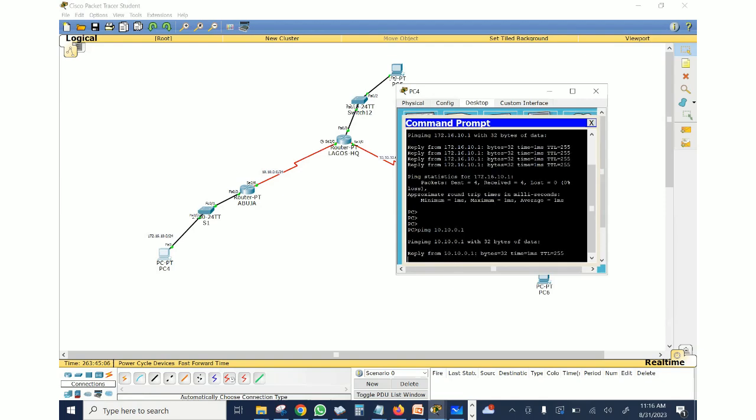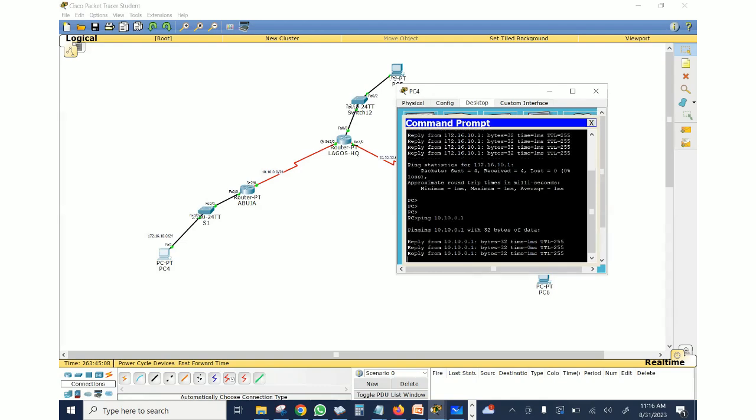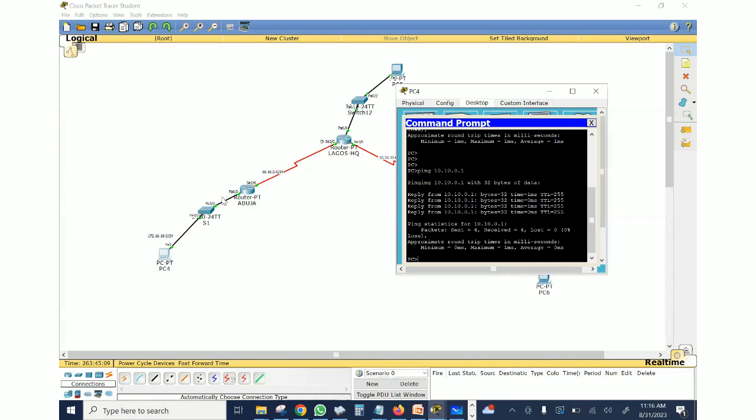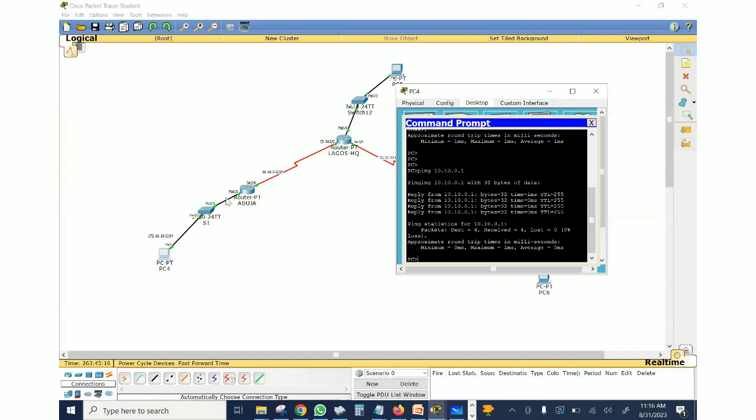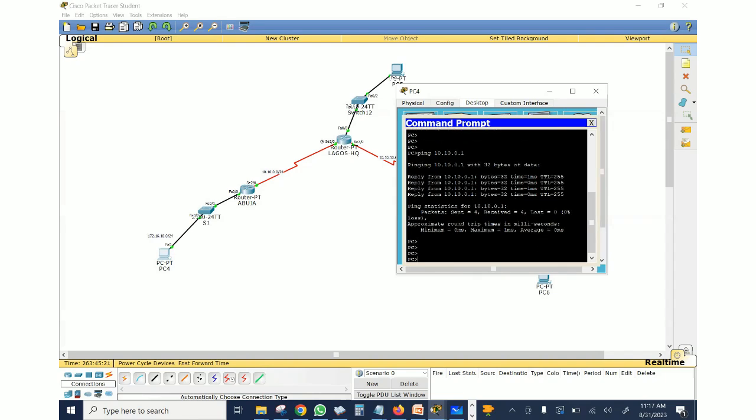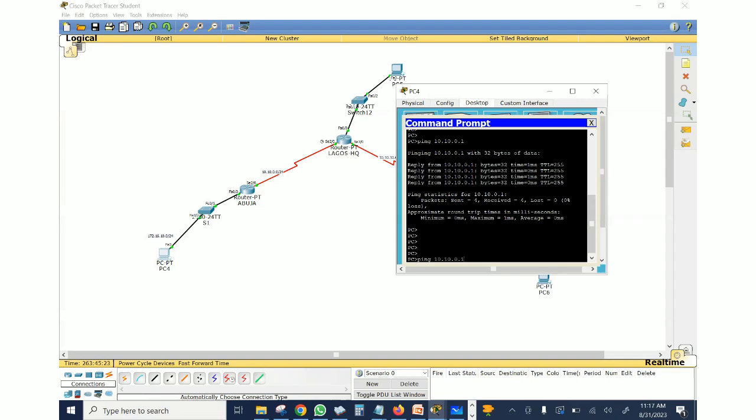It's reachable because the router naturally forwards traffic to a connected network. This is a connected network, and this is another connected network. Let's see if it can reach the interface of the Lagos headquarter router.